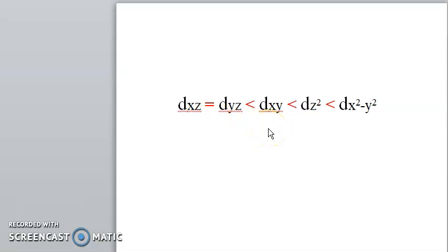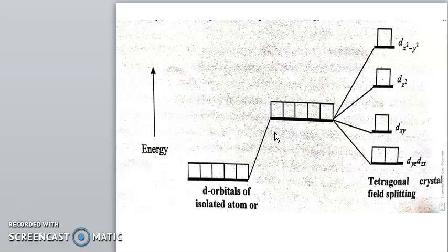This splitting of d orbitals in a distorted octahedral field is seen in this diagram. We have also seen the octahedral splitting, and here is the distorted octahedral, or nothing but, we can say, the tetragonal.